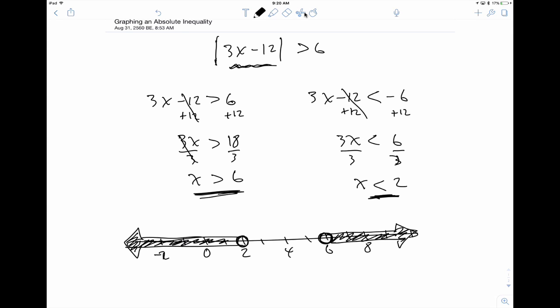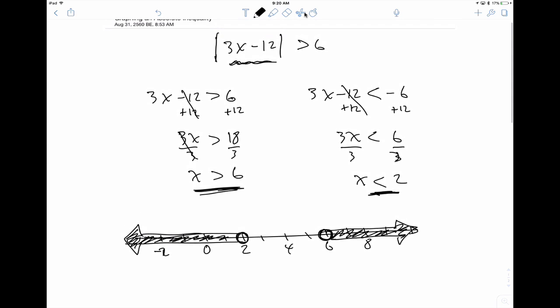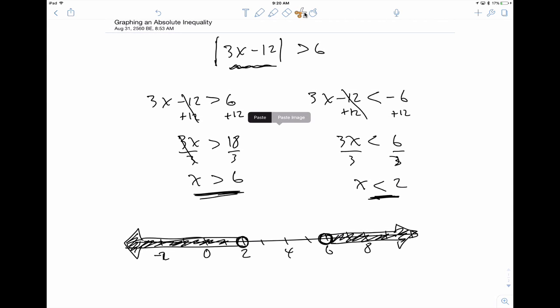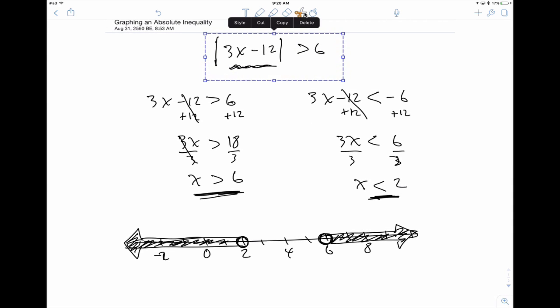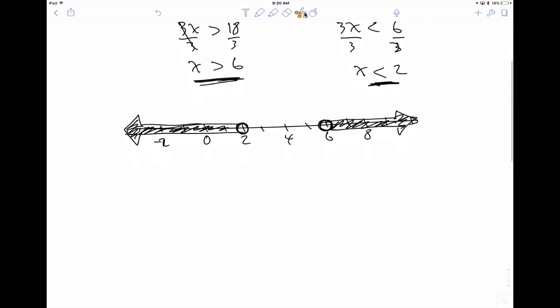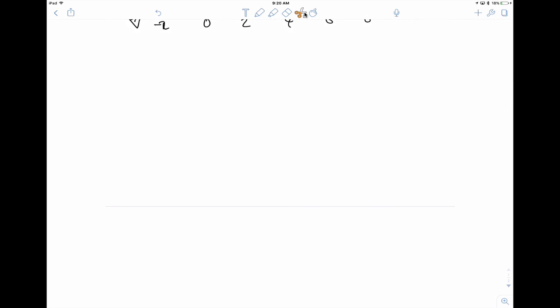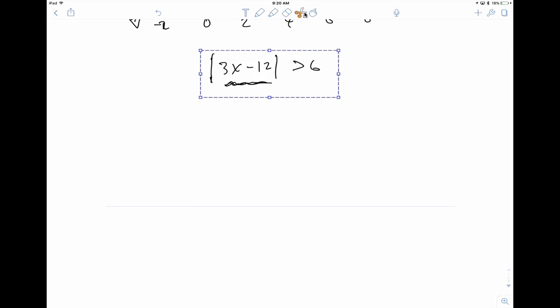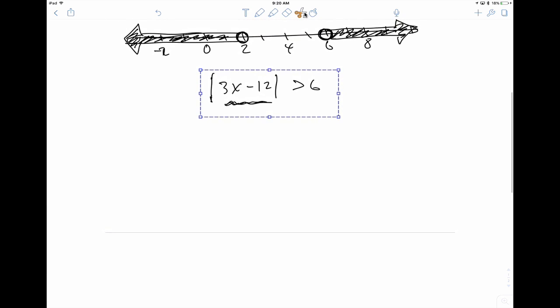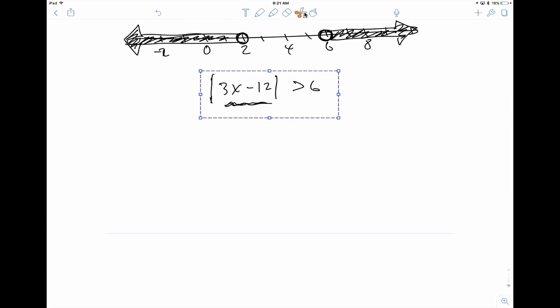That's the answer. But like I said, what we should have done if we had had time is check to make sure that it is correct. If it is correct, then let's test some numbers that should work and numbers that shouldn't work. Let's start with the left side of the graph.